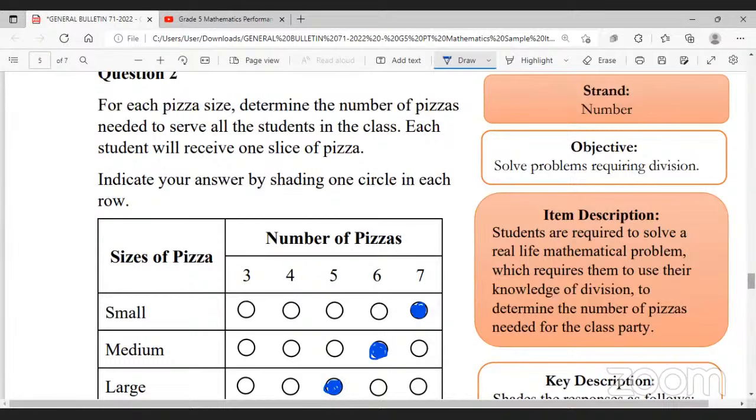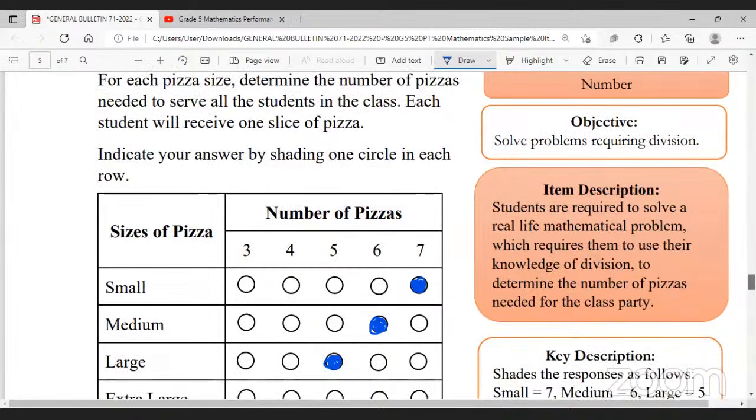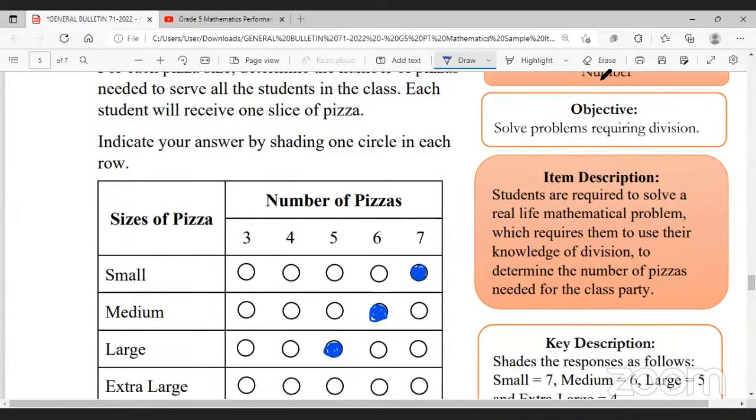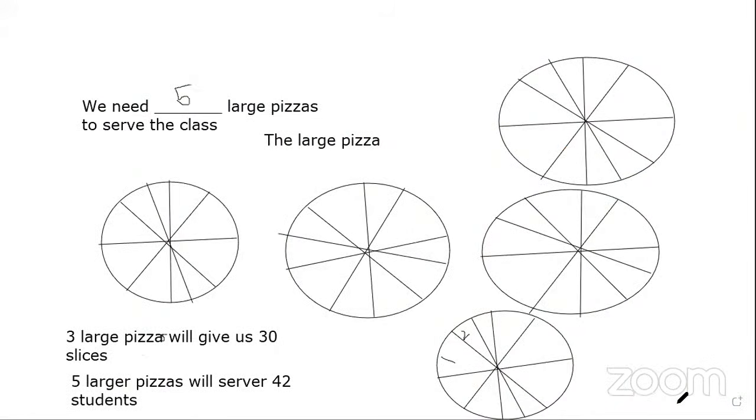For our extra large pizza now, we have 12 slices for the extra large pizza. So I'm going to start drawing my extra large pizzas again with my title, the extra large pizzas.